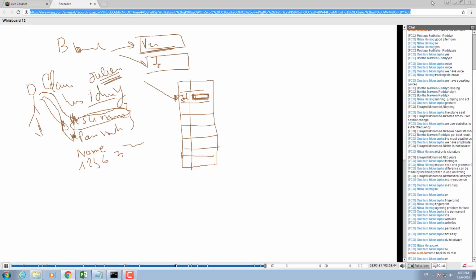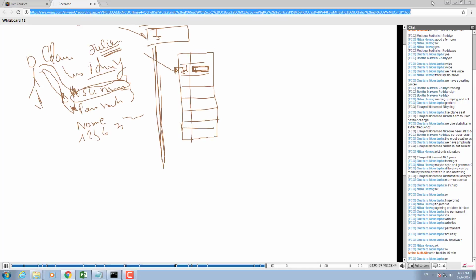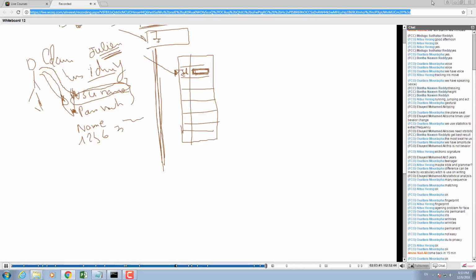So in the system, in the table, Julien is already stored, and here there will be a password or a code. This table is saved in the control system. So you say, I am Julien, but I'm not sure if really you are Julien.